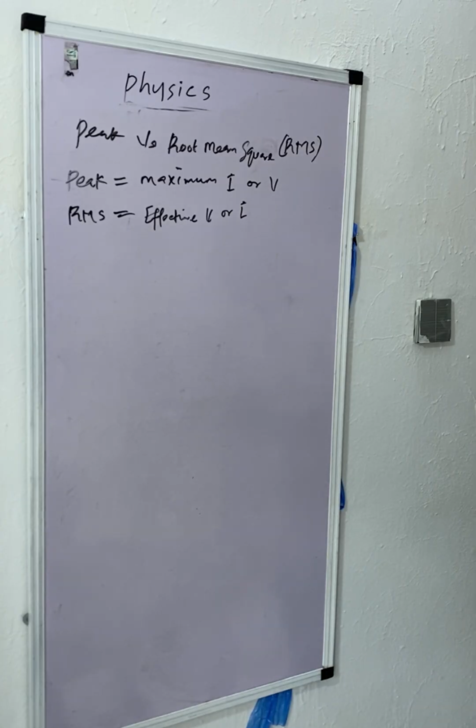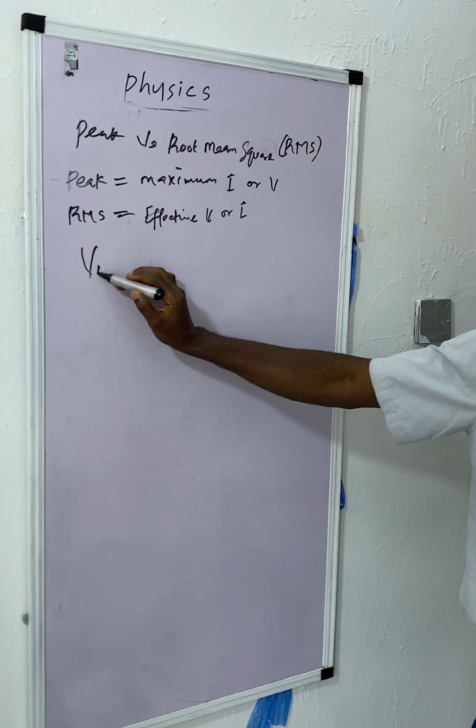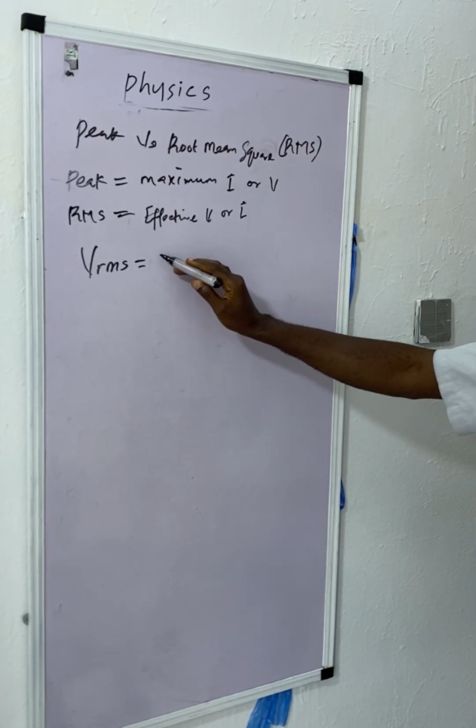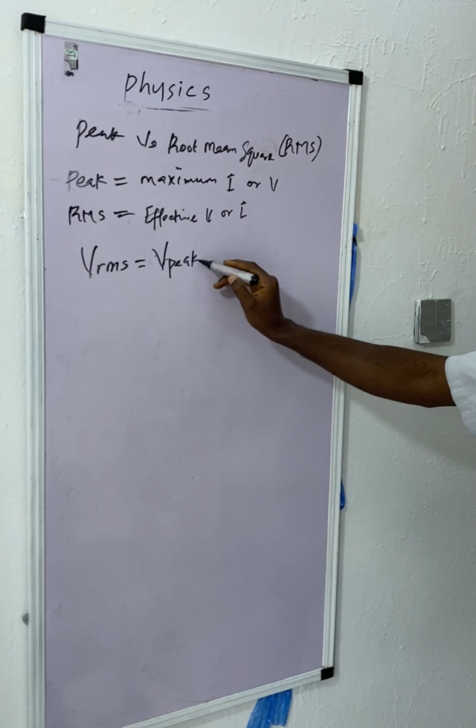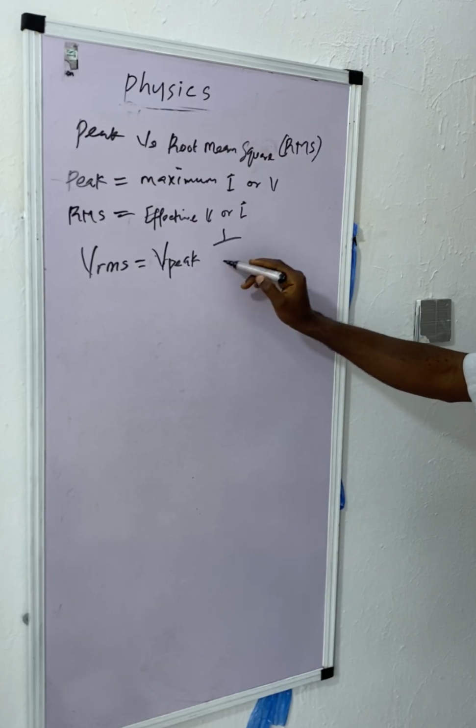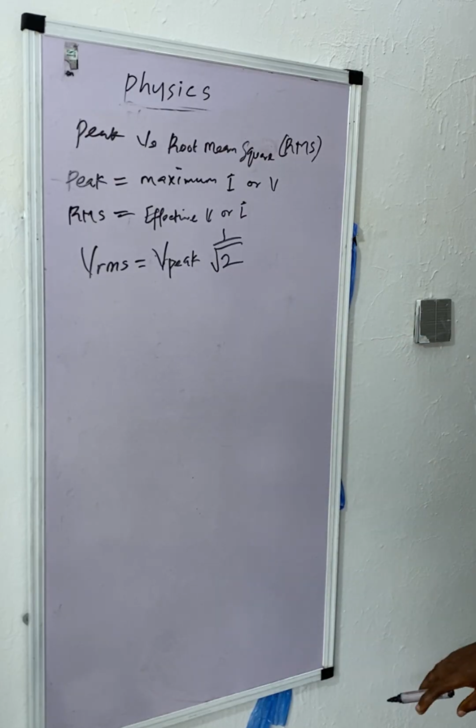Now, how do we relate them? Let's say we're working on volts. Volt root mean square is equal to the peak volt times 1 over root 2.